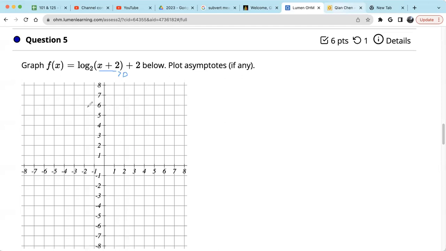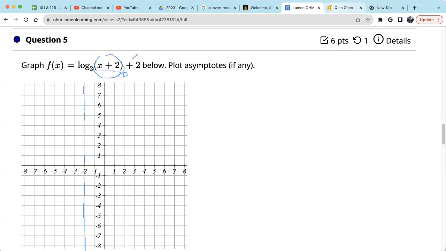So we are going to find our vertical asymptote of x equals -2. So we draw a vertical line here. So this is the horizontal shift of the graph. So the y-axis was the vertical asymptote for the reference graph. But now for us, it shifted 2 units to the left.